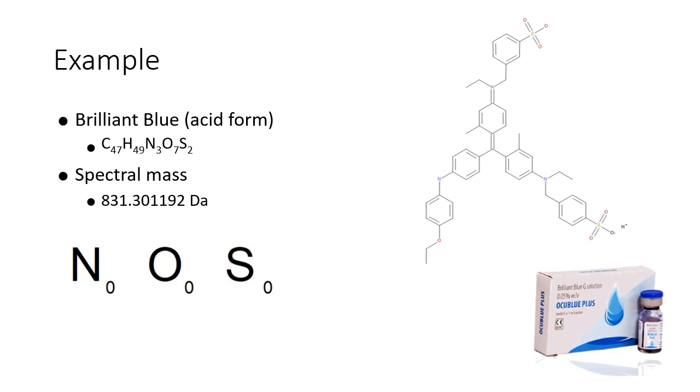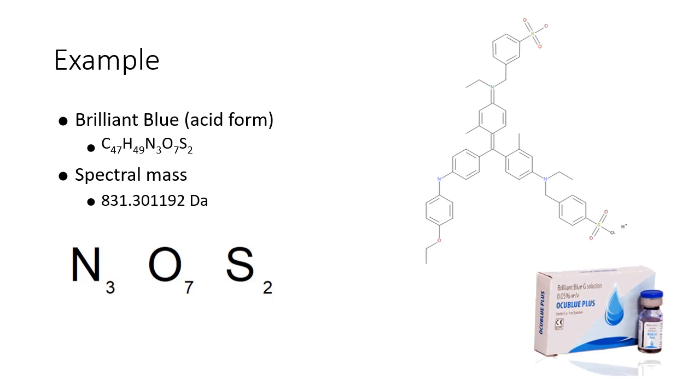Now, in order to assign a formula to this spectral mass, using this first version of the Dromey Foyster algorithm, we only have to iterate systematically through all possible combinations of the heteroatoms. So we can start our imaginary software doing that. For each one of these combinations, all of the following calculations would need to be done.